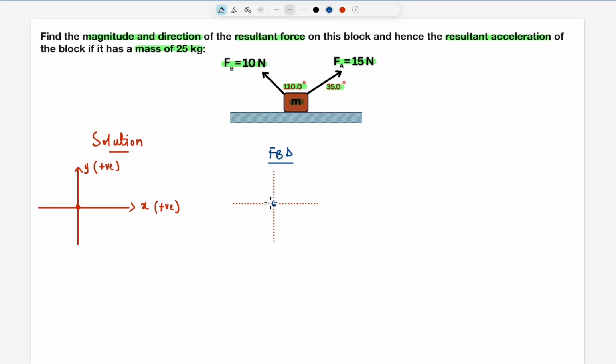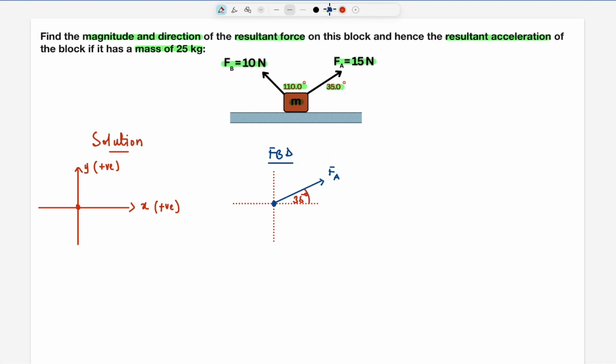So this is the horizontal line, which is also called the reference line. We measure the angle counterclockwise. So from the positive x-axis, we measure the angle and then we have the force Fa in this direction. We represent it with an arrow and then label it as Fa. This force Fa makes an angle of theta, which is equal to 35 degrees to the horizontal.